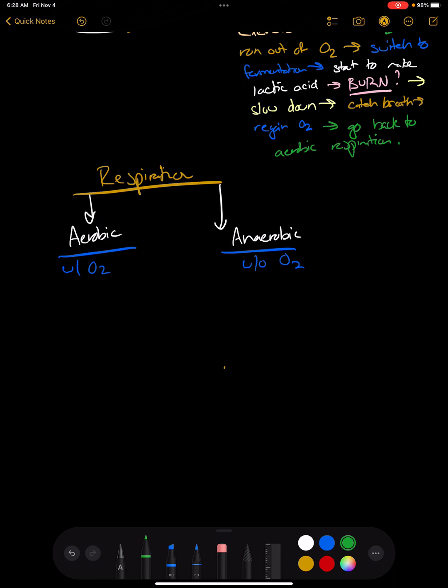When I have oxygen, that means I get to take place in the cytosol and the mitochondria. Whereas anaerobic respiration, this is only going to happen in the cytosol. Aerobic respiration, this is the most efficient, and I get to make a lot of ATP, so we'll say the 38 ATP. Anaerobic respiration, less efficient, I only get to make 2 ATP.